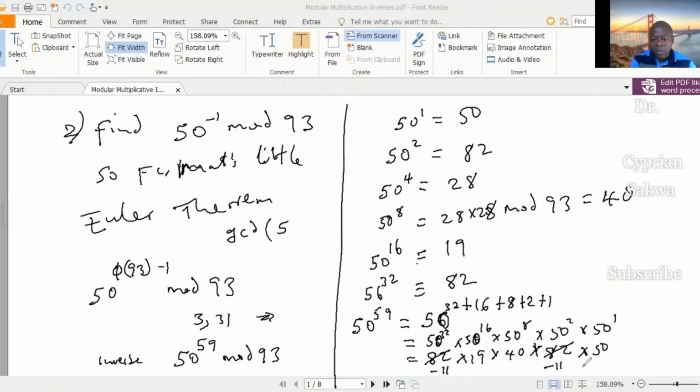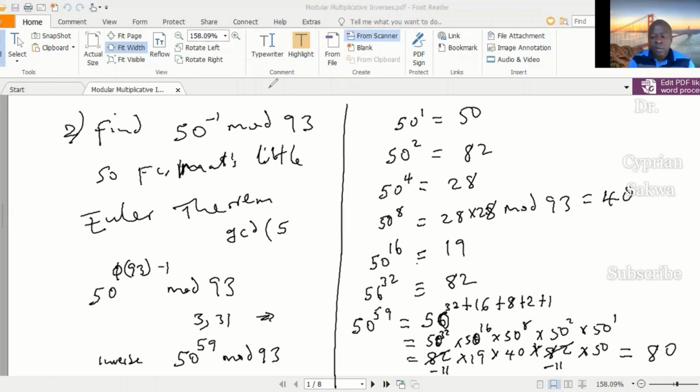But whichever you do, multiply what you have here, divide by 93, and then get the remainder. The remainder will be 80. So that means that 80 is the inverse of 50 mod 93. So 80 times 50 gives you 1.